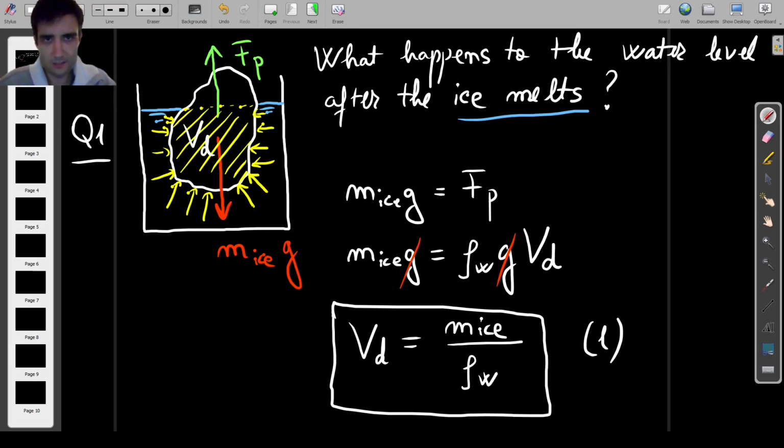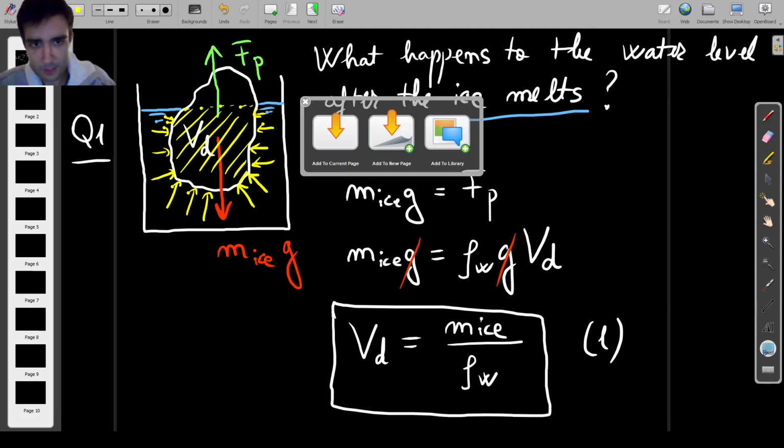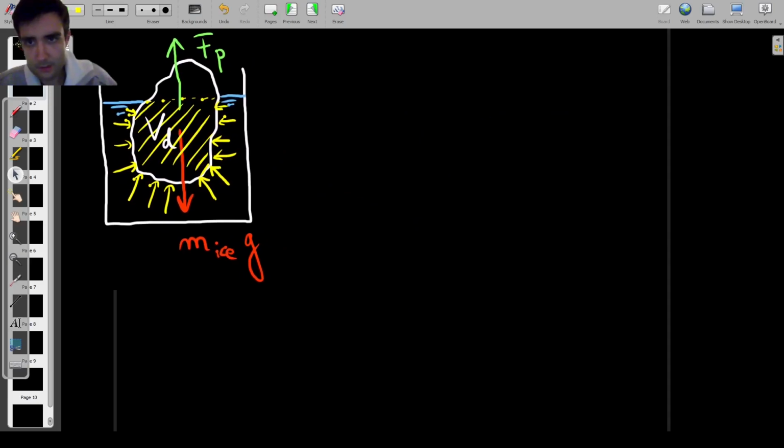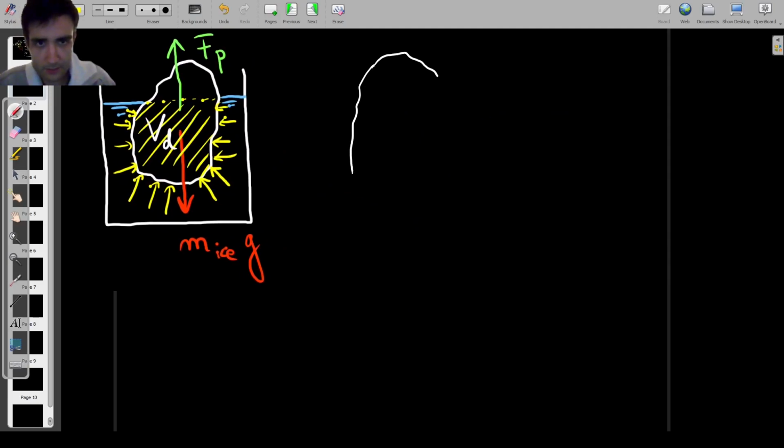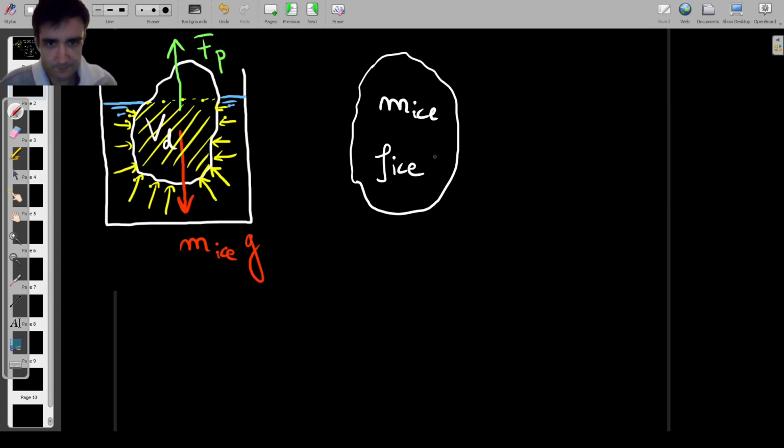And in the second scenario, we have to consider what happens to the water level once all the ice melts. Okay, and for that I will take this to the next page, and let's actually think what happens to this chunk of ice. So this is a piece of ice with mass m ice, and it's got a density rho ice.